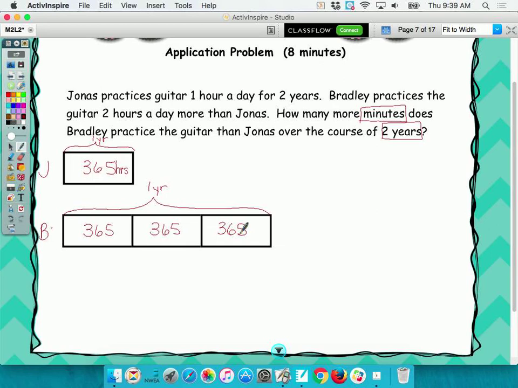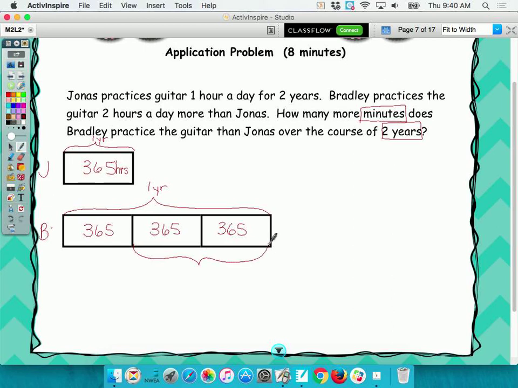So 365 hours times 3. Now, here's what I was thinking. I'm going to multiply this times 3, and I'm going to take it times 2 for 2 years. But then I thought, wait a minute. Why would I want to work with those huge numbers when I can figure out an easier way to do this?